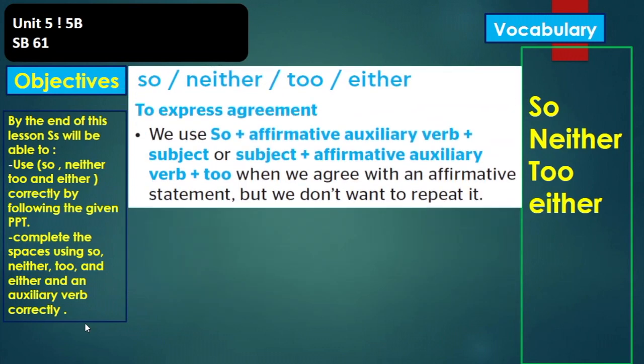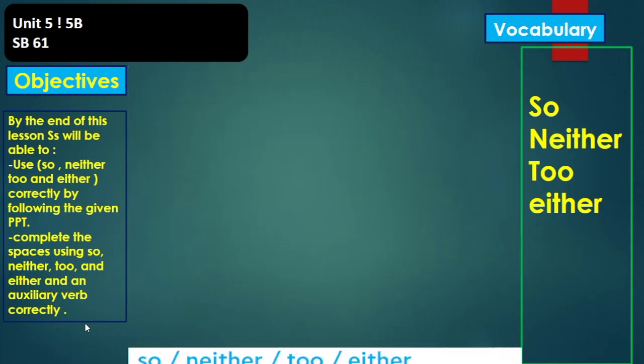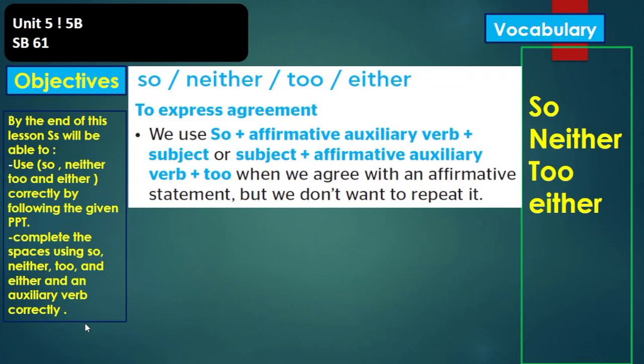So now let's reflect. Now let's start by expressing the difference between so, neither, to, and either. Okay, all these words are used to express agreement.